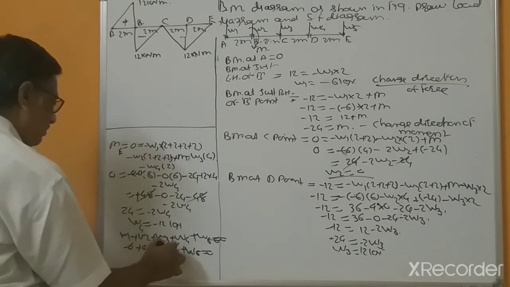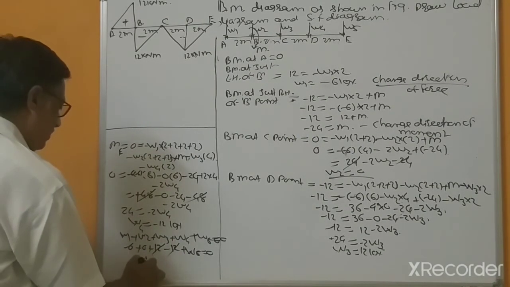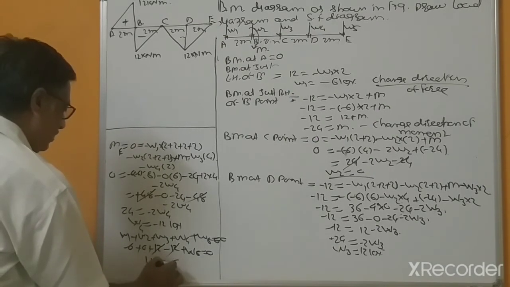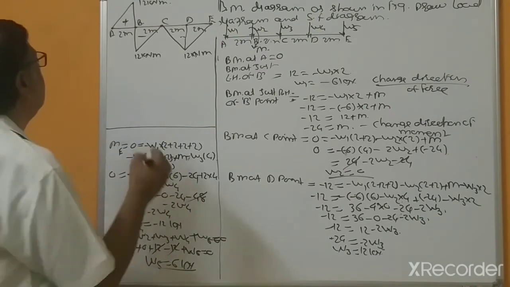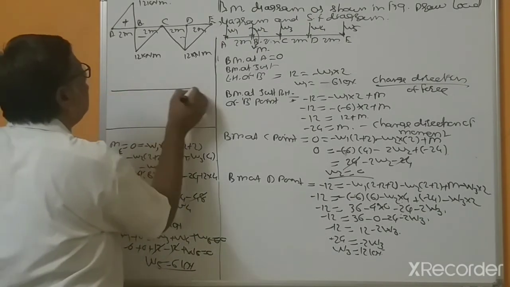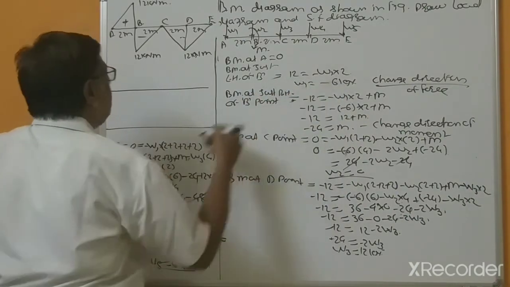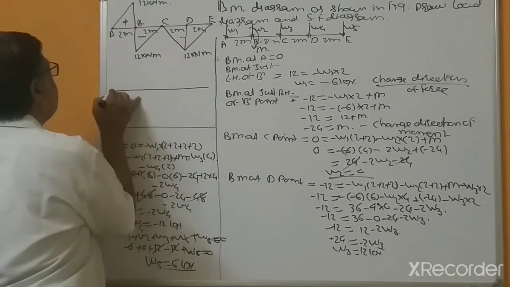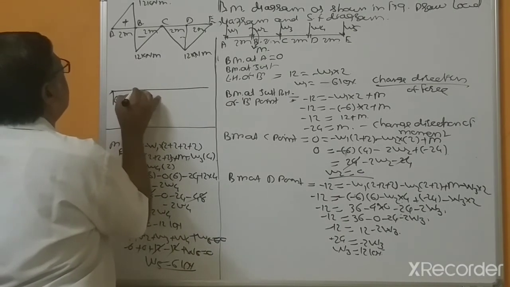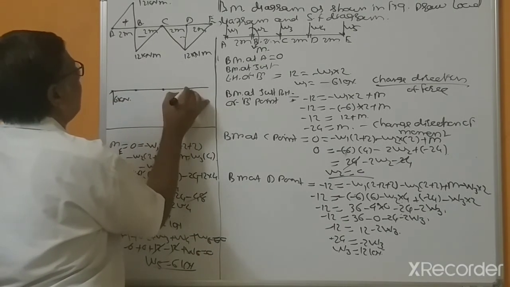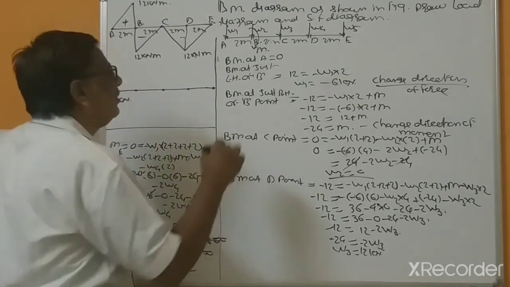This plus 12 minus 12 will get cancelled, and W5 equal to 6 kilonewton. Now you can draw. This is 6 kilonewton, so that's why we have to change this direction. 6 kilonewton. Second, 24.